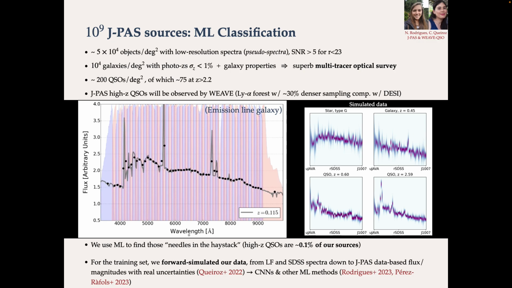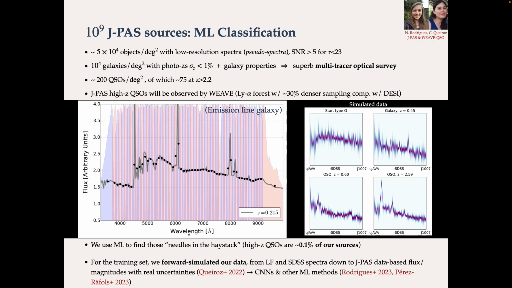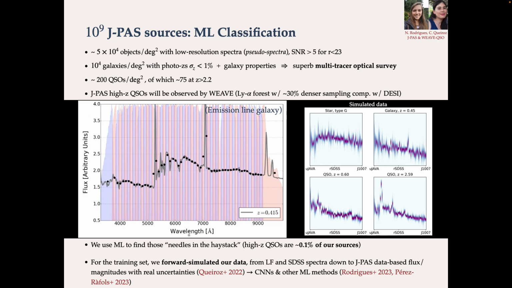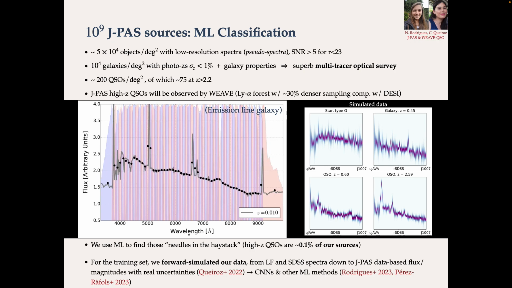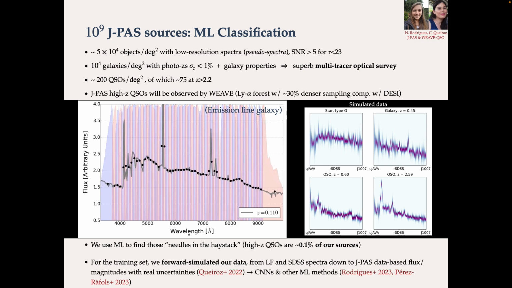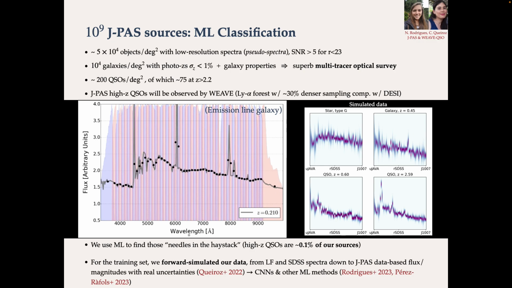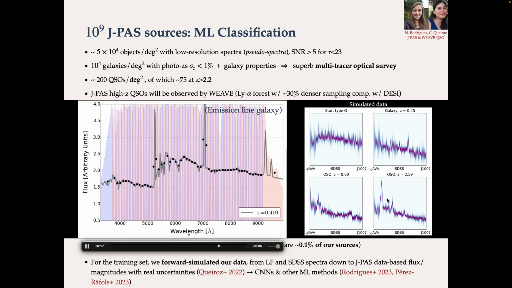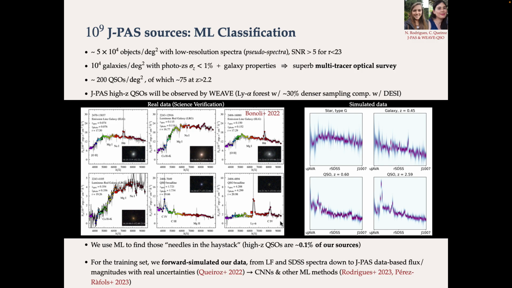This little movie here shows how, for instance, an emission line galaxy at different redshifts would appear in our filter set. For quasars, which have broad emission lines, this is even more so. We can see very clearly these broad emission lines of the quasars, which will very uniquely determine their type.